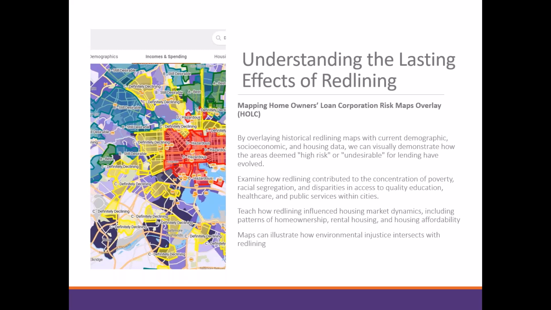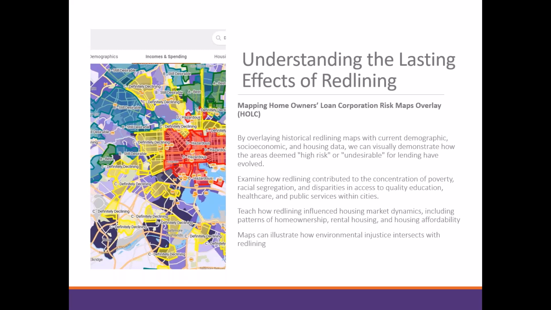And these maps can illuminate this concept to students and researchers, and by overlaying historical redline maps with current demographic and socioeconomic and housing data, they can visually see how areas deemed high risk or undesirable for lending have evolved over time.